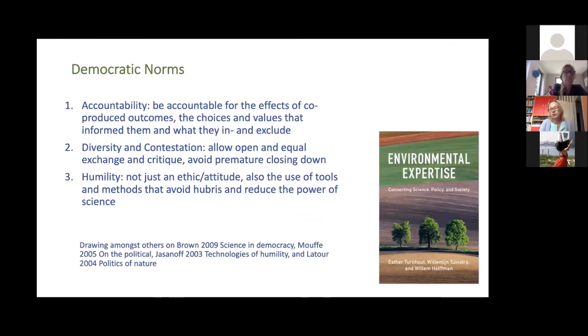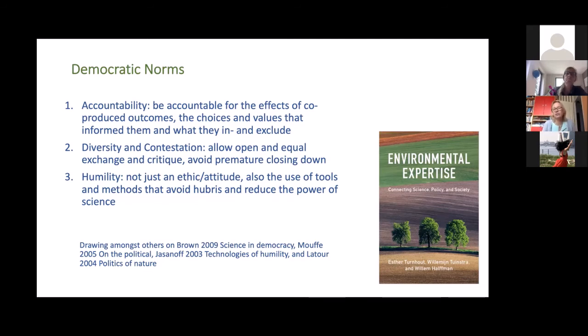So in order to address these very persistent problems of these processes, we have identified a couple of norms that at least the scientists, who are often the initiators or the facilitators of these co-creation approaches, can adhere to in order to prevent some of the risks that we have identified, but definitely not all of them.